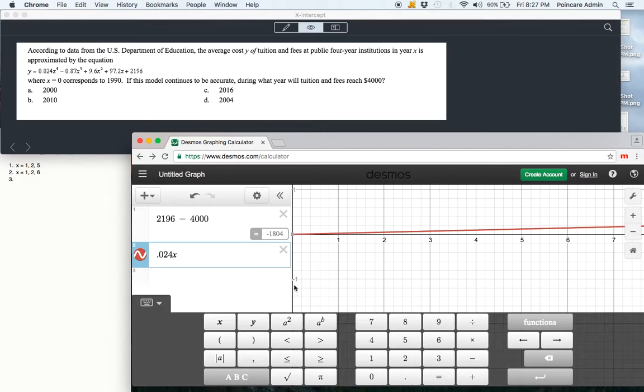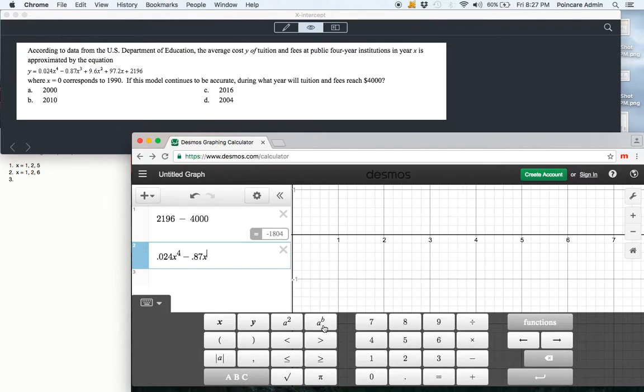Now, make sure I get this right. So 0.024x to the 4, and these are really complicated equations. This is what I got wrong last time, so I have to remember to look at the numbers. So I already screwed up, right? I didn't do the x. You can hit the backspace here and it'll take it away.